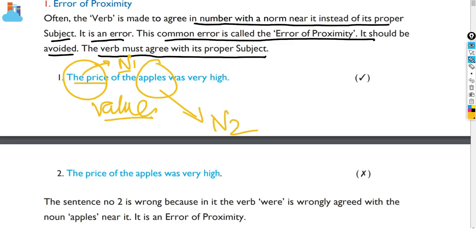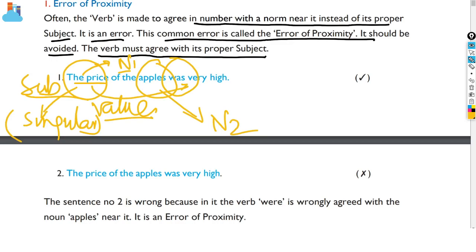Whether we are talking about the price or the apples. Certainly, we are talking about the price. And price is singular. This is the subject. And this is singular. Therefore, it is the price was high, not price were high.